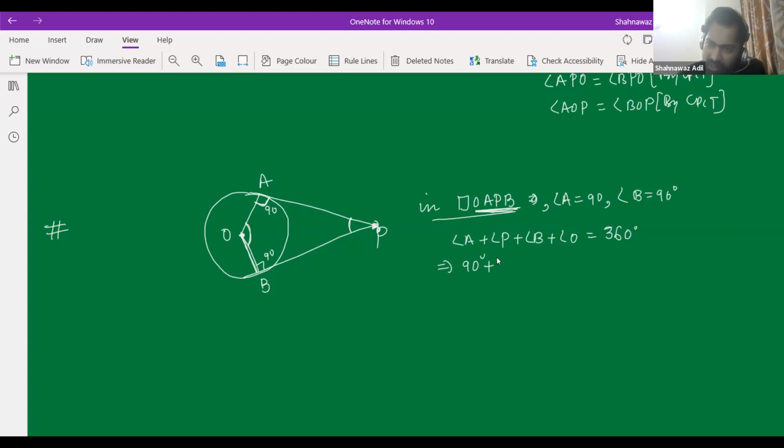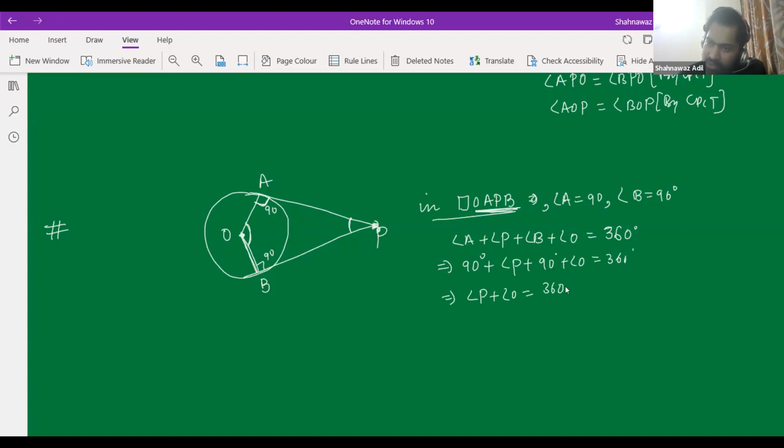A is 90, B is 90, so if we write angle P plus angle O, that is 360 minus 90 plus 90, which is 180.